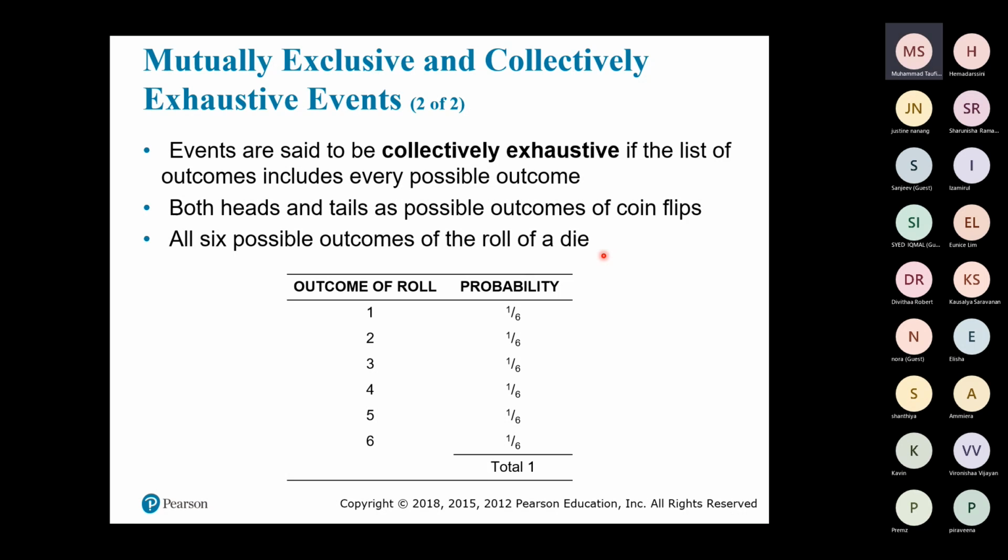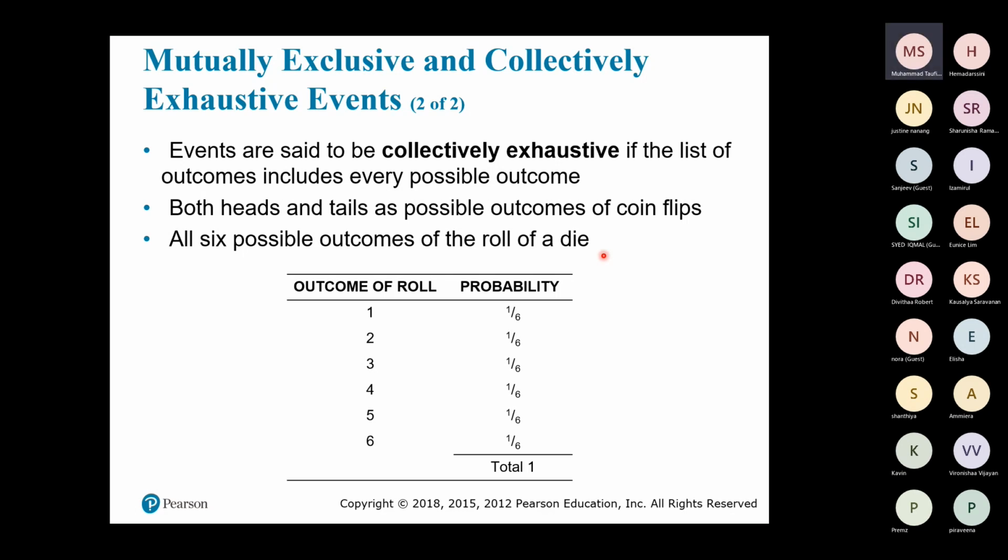Both heads and tails are possible outcomes of a coin flip, and all 6 possible outcomes of a roll of a die. So mutually exclusive is the outcome you desire.